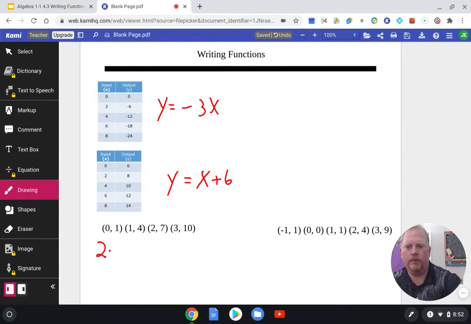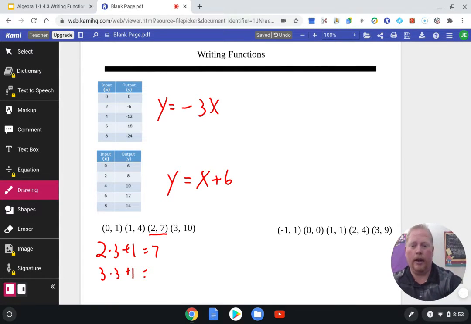So 2 times 3. Okay, I'm looking at the 2 and the 7. So 2 times 3 is 6, and then to get to 7, I add 1. Okay, let's plug in 3. 3 times 3 plus 1, that's 9 plus 1, that's 10.